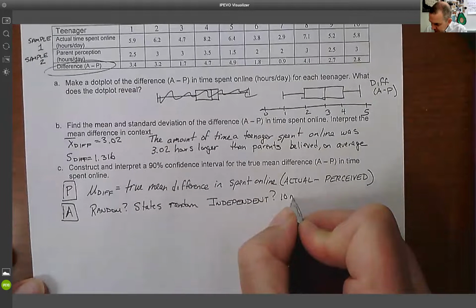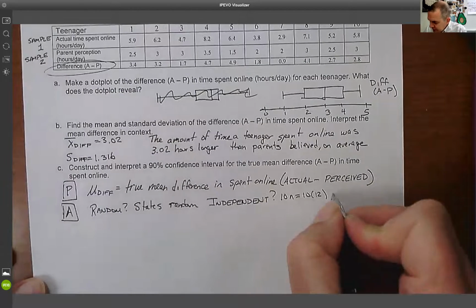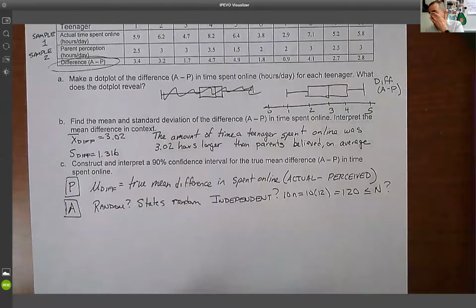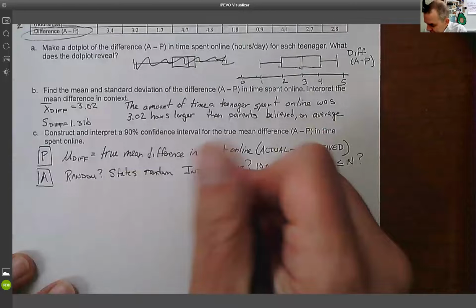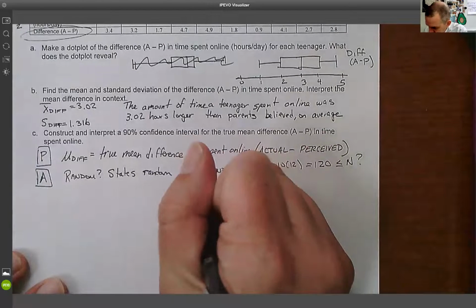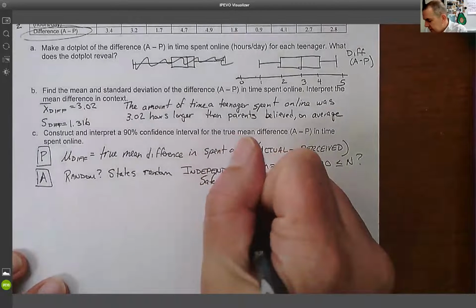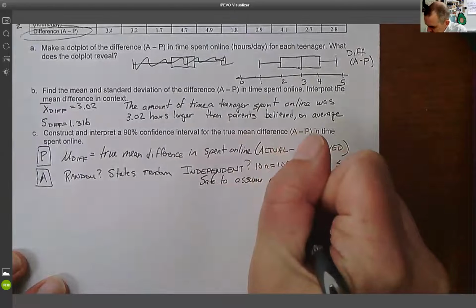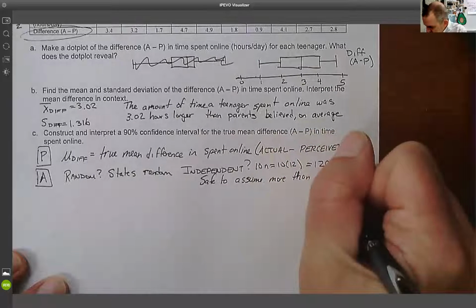So we're going to do 10N, which is 10 times 12, which is 120. We're going to compare that to the overall population. In this case, we want to say, does it seem reasonable that there are more than 120 teenagers? Safe to assume more than 120 teens.